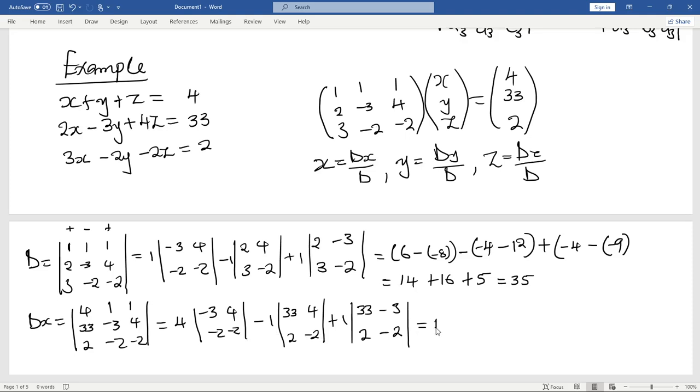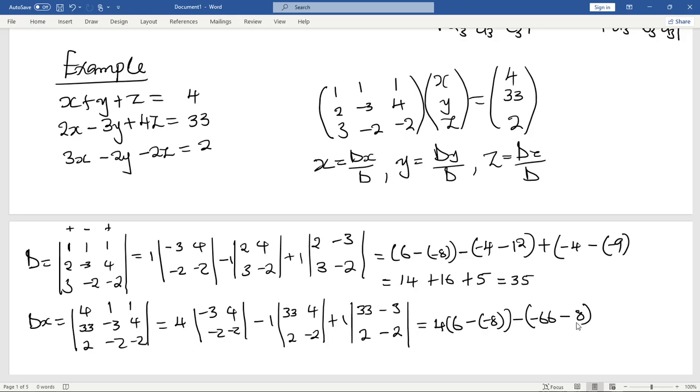So we have 4 outside the brackets here. So 3 by negative 3 by negative 2, we get 6 here, minus negative 8. Then minus here, negative 2 times 33, we get negative 66 there. So we have negative 66. Then if you multiply 2 by 4 here, we have minus 8, like this here.